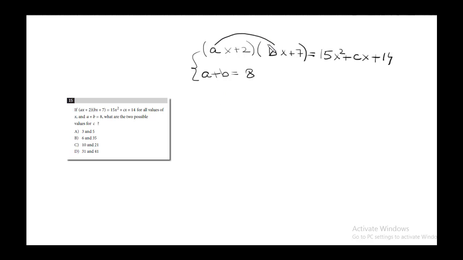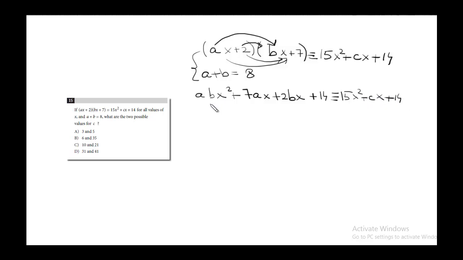So we can go by multiplying: we have ab x squared plus 7ax plus 2bx plus 14 equals, for all values of x, 15x squared plus cx plus 14.